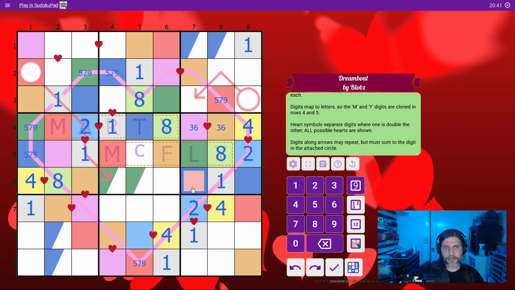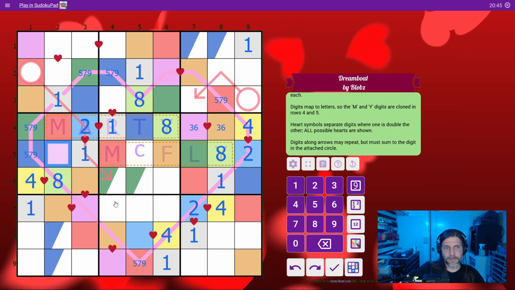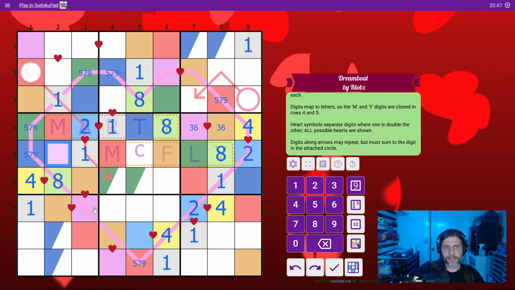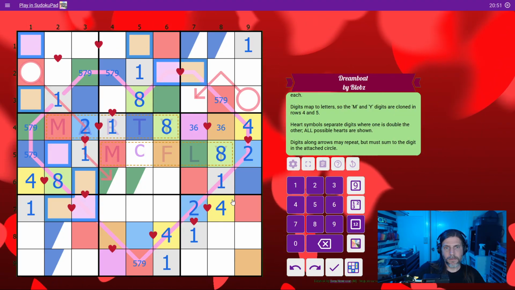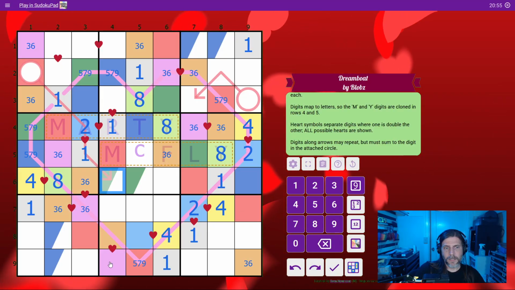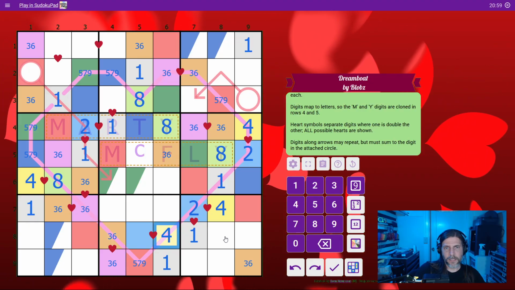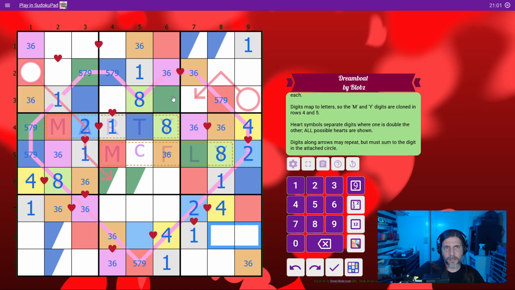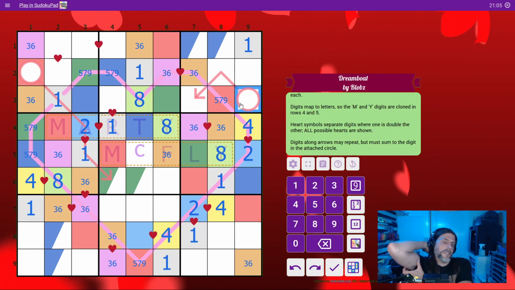So now there's probably just lots of examples of places where you can't have neighbors. There's pink in here. 3-6. It couldn't be 3.